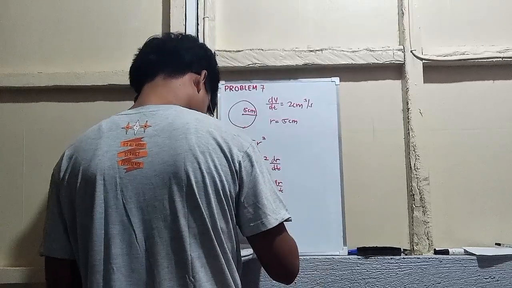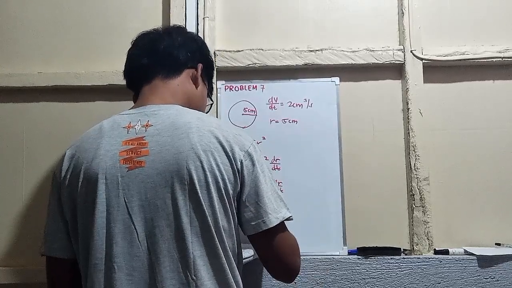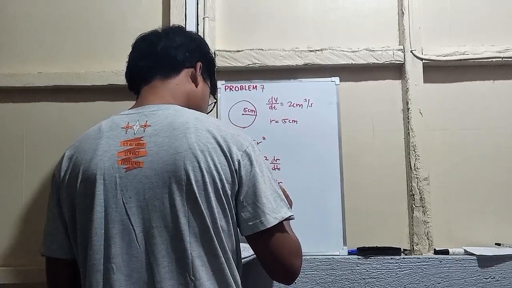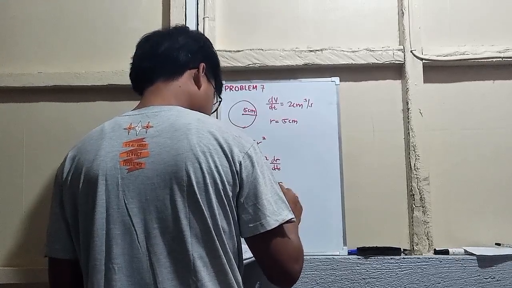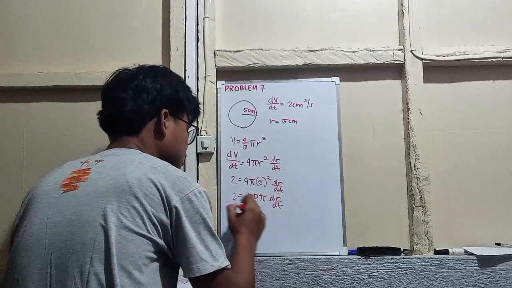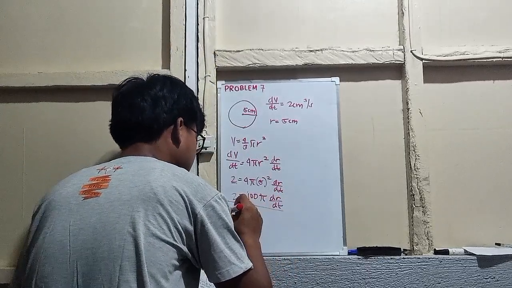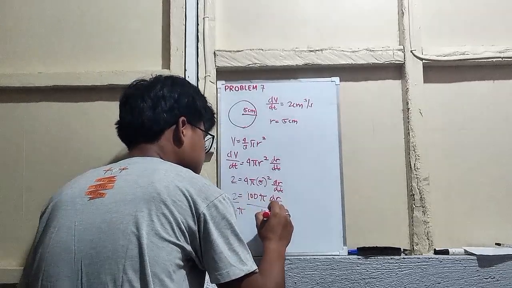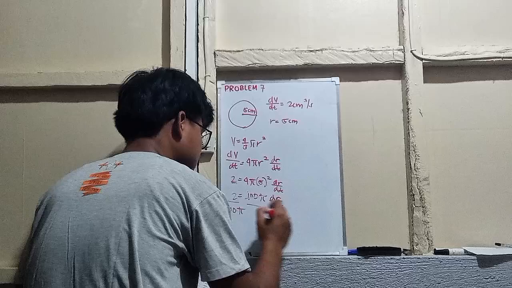So 2 is equal to 100 pi dr over dt. Then divide both sides by 100 pi. Cancel.